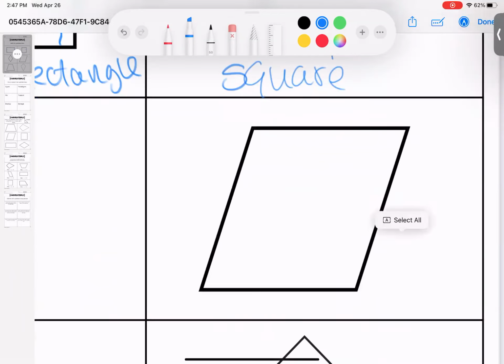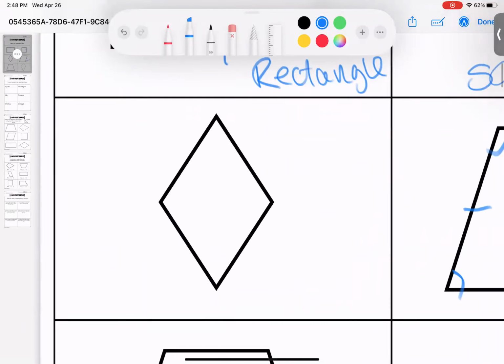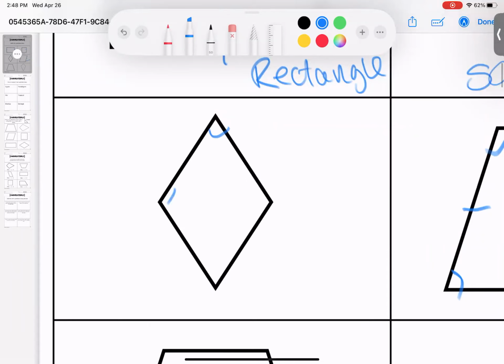Down here, it looks like a square that got a shove, right? The difference is these angles, they're not right angles, but all of our sides are equal or congruent. This is a rhombus, also known as a lazy square. It's a square that can't keep its right angles. Up here, we have what looks like a diamond.